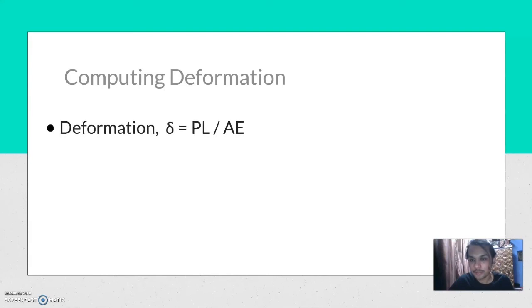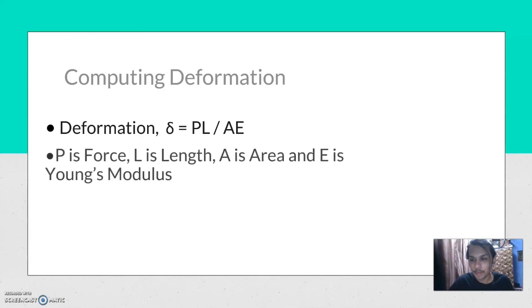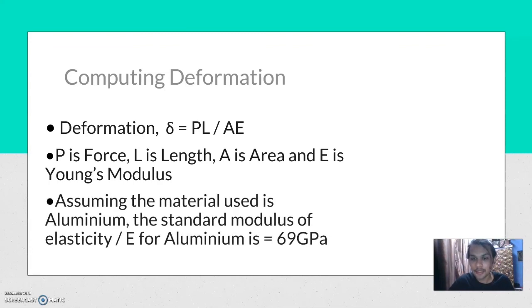The next part is we're going to compute the deformation of the actual part. By using the formula deformation equals PL over AE, where P is force, L is length, A is area, and E is the Young's modulus or modulus of elasticity, we assume that the material used is aluminium, which is the most common material used in crutches. The standard modulus of elasticity for aluminium is 69 gigapascal.